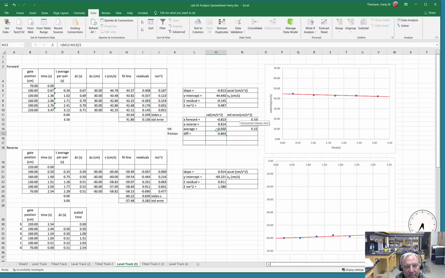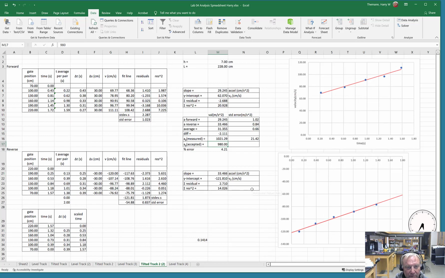And that means that if there's a residual tilt of plus 0.05, let's see, where is it? Average. What if I add a 0.05 here?